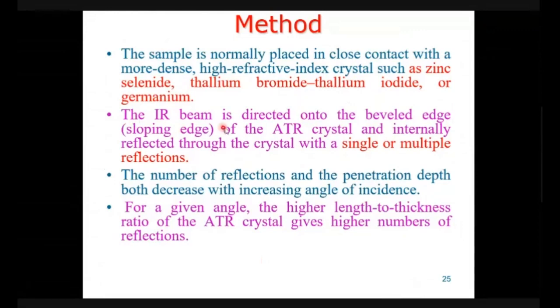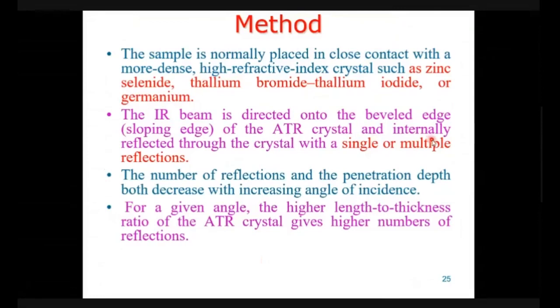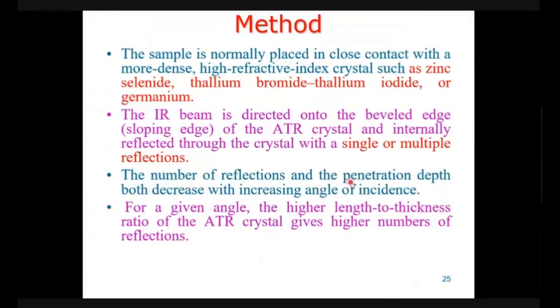The IR beam is directed onto the bevelled edge, that is the sloping edge of the ATR crystal, and internally reflected through the crystal with single reflection, as you can see here. The number of reflections and penetration depth both increase with increasing angle of incidence.